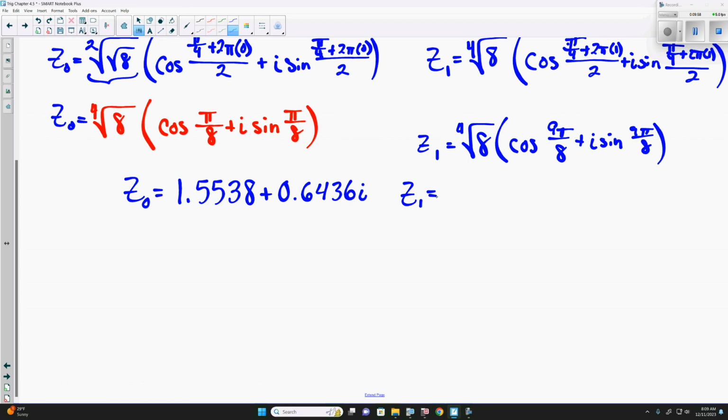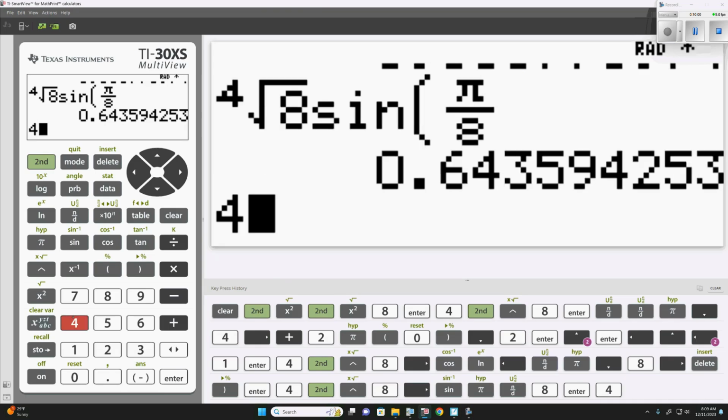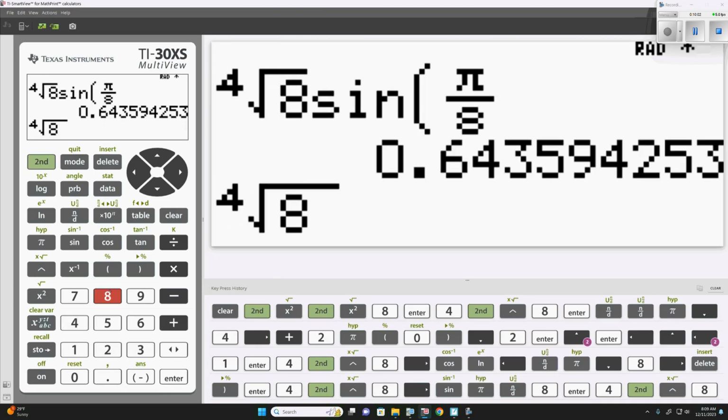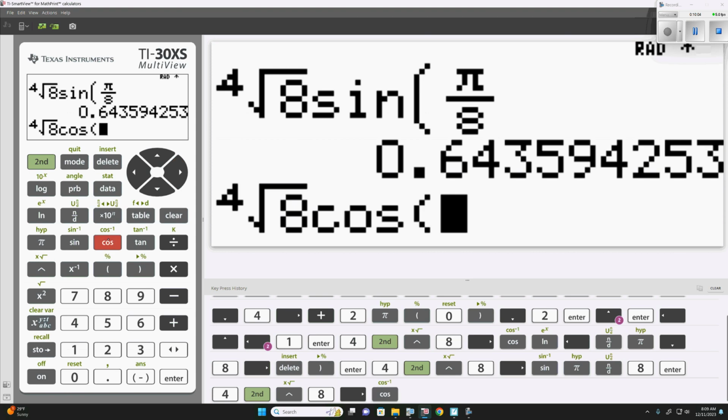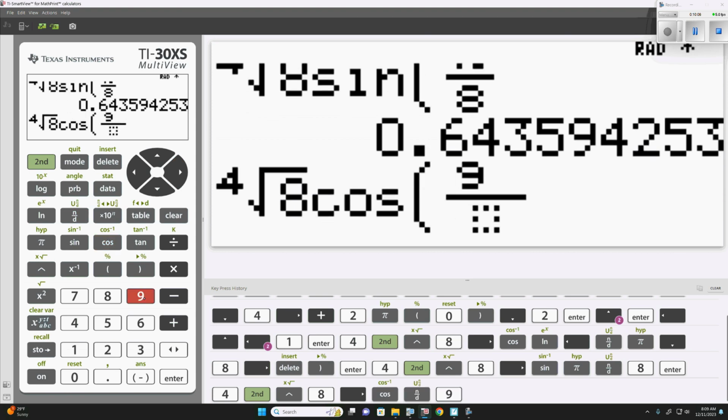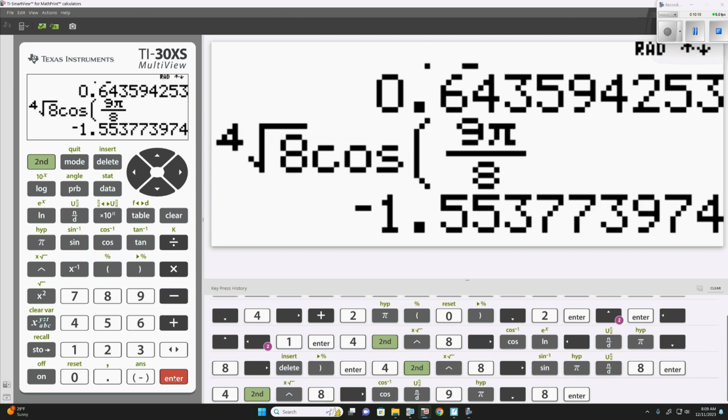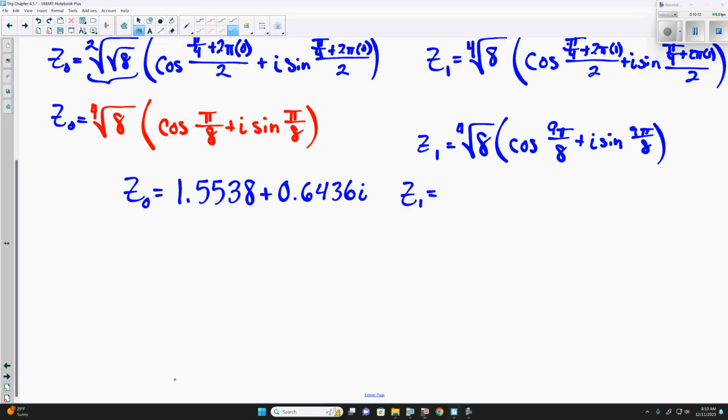Then we do the same thing for z sub 1. 4th root of 8 cosine of 9 pi over 8 is negative 1.5538.